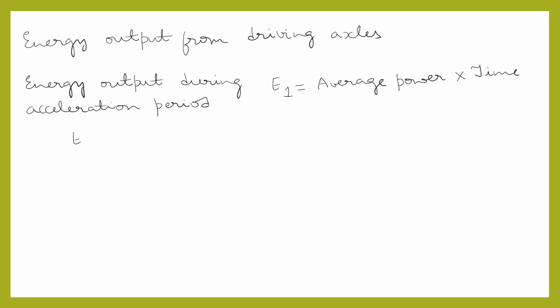So we have E1 is equal to half Ft Vm by 3600 into T1 kilowatt second, where Vm is the speed in kilometer per hour at the end of the acceleration period.